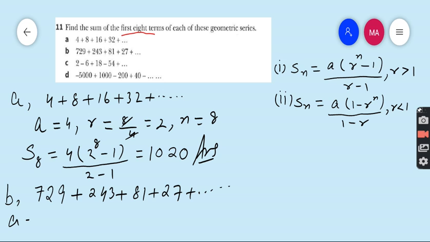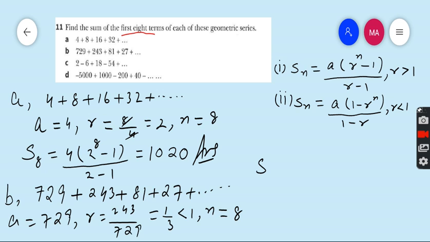So A is 729, R is 243 upon 729, and the answer is positive 1 upon 3. And 1 upon 3 is obviously less than 1, so we will use the second formula, and n is the same, that is 8.